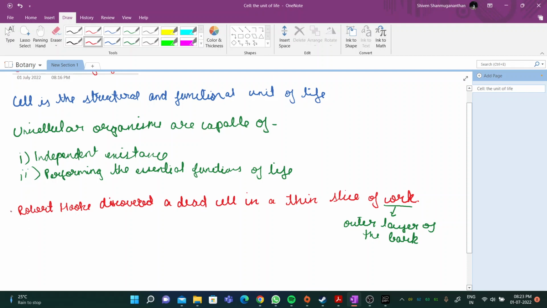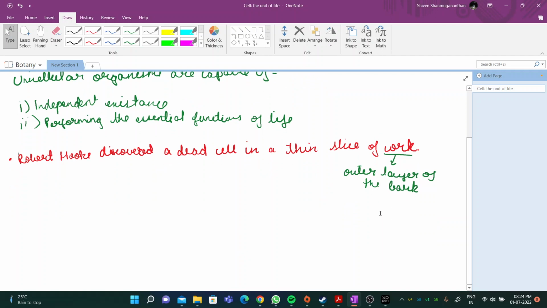Robert Hooke. Fine. Now the next scientist we're going to talk about is Anton van Leeuwenhoek. I'm sure all of us would have heard his name as well. He was the first person to observe a living cell, and he did this under his own microscope that he designed. So since he's another important person in biology, let me write his name down here as well. Anton van Leeuwenhoek.